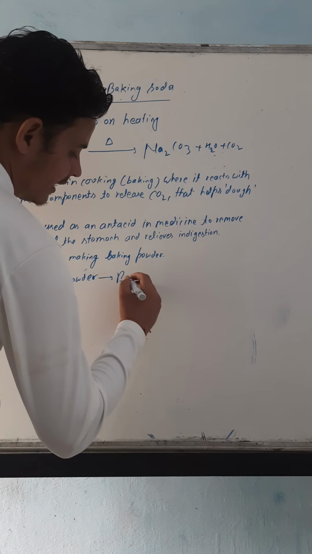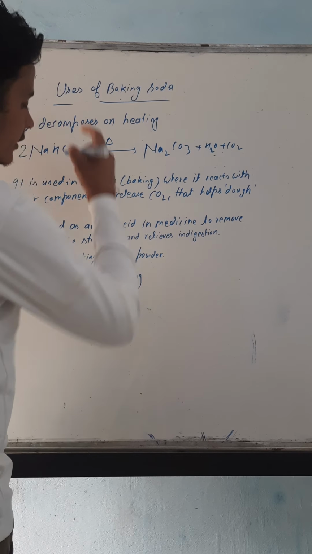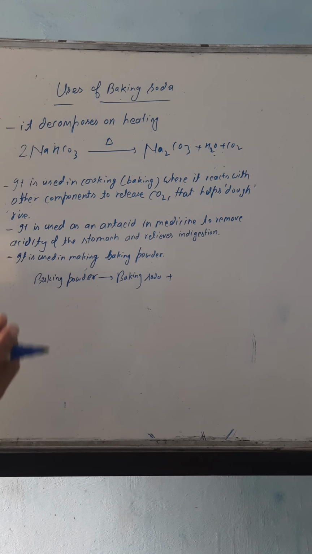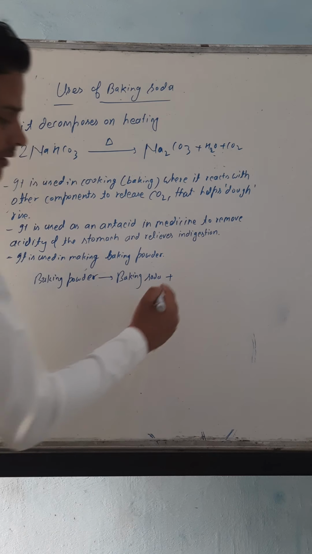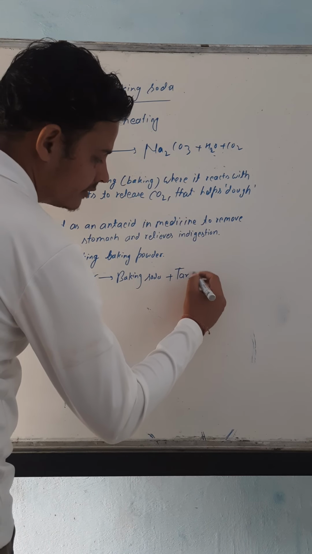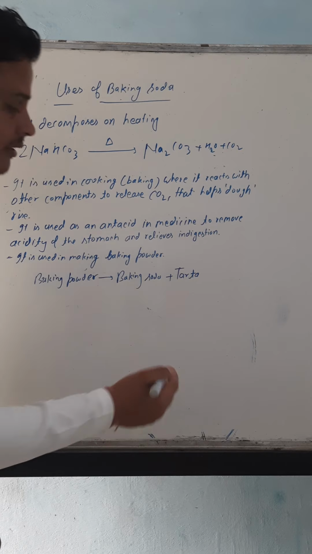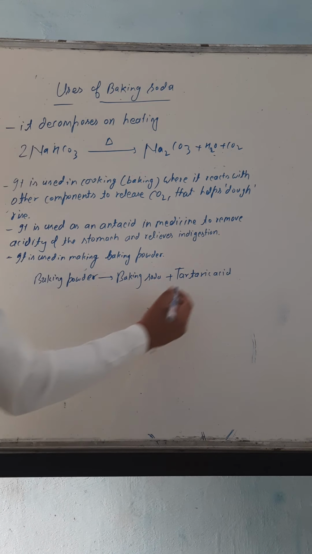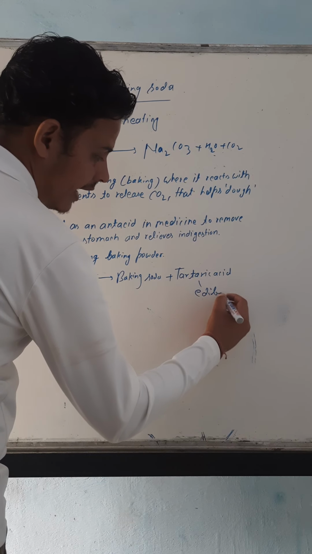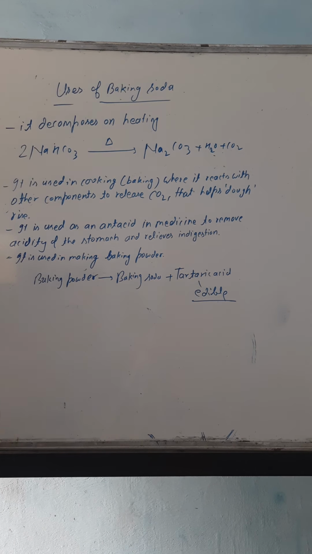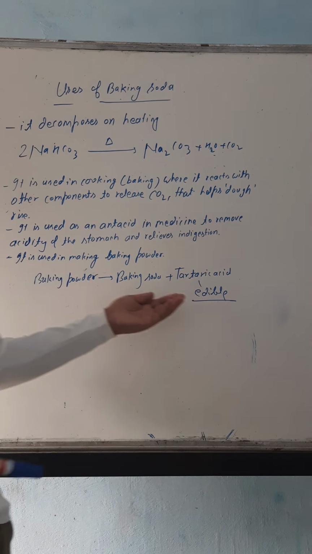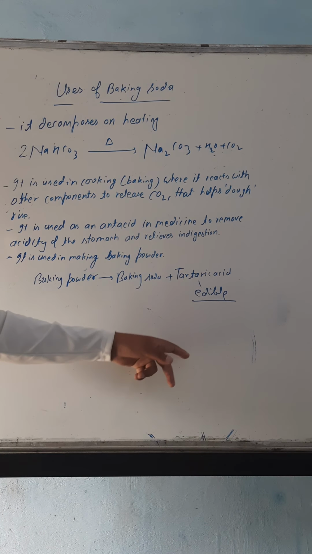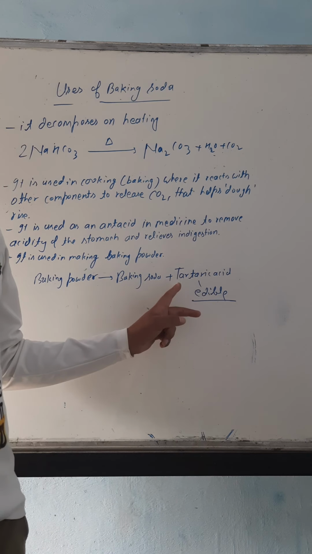It is a mixture of baking soda, and if you mix there a mild edible acid like tartaric acid, acid not oil, tartaric acid or any other acid which is edible, it should be edible.